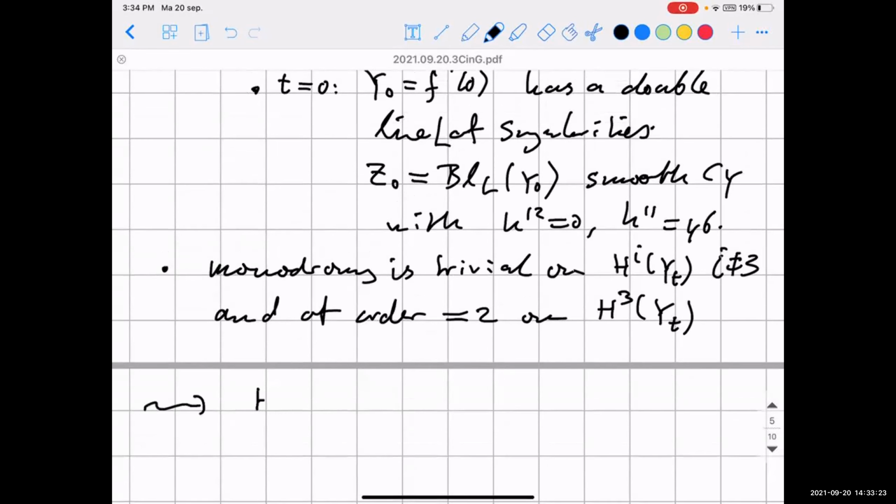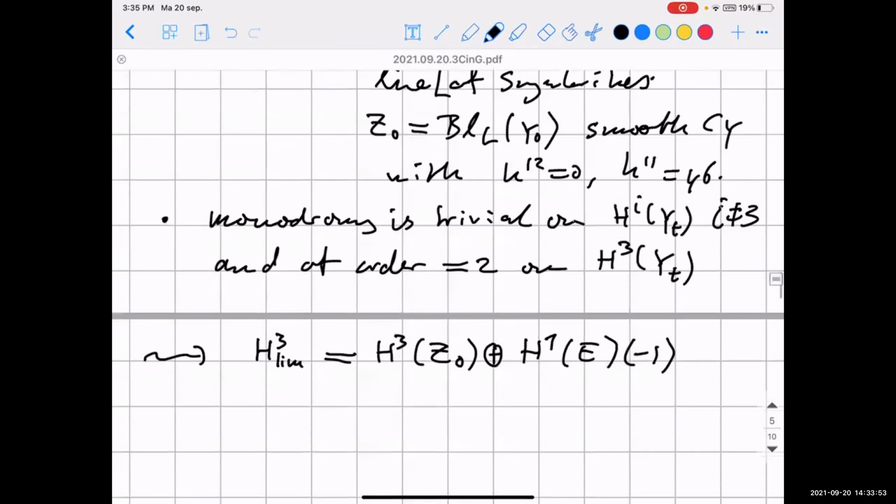that the limiting mixed Hodge structure of this family consists of H^3 of Z0 direct sum H^1 of an elliptic curve twisted once.